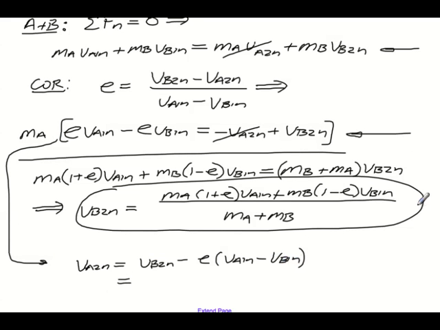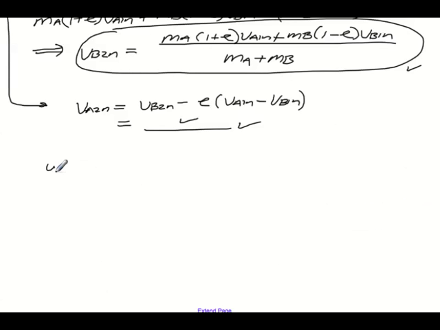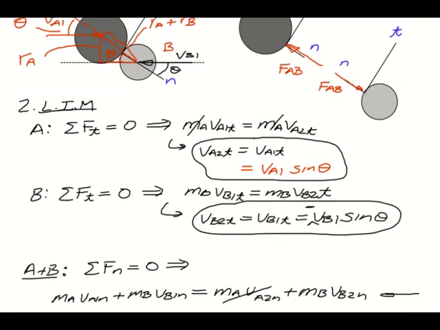So now that we've solved for VB2N, we've got numbers we can use here, and keeping in mind the normal component, the n component of the velocities beforehand, let's scroll back up here and see what those are.